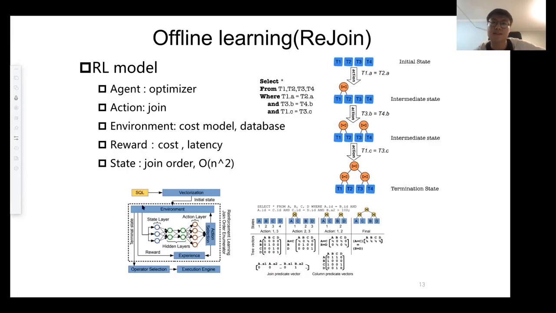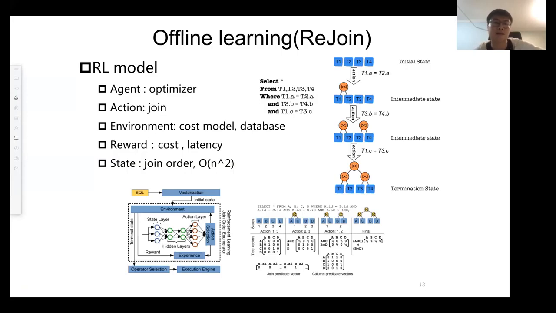Let's see the right part. There are many states. We have the initial state, where there are many tables that have not been joined, and a terminating state where all the tables are joined, and some intermediate states. The reward can be given by the database, and we can learn some knowledge from the reward.